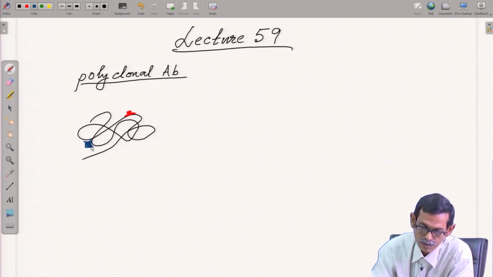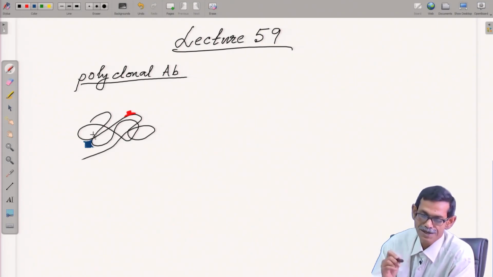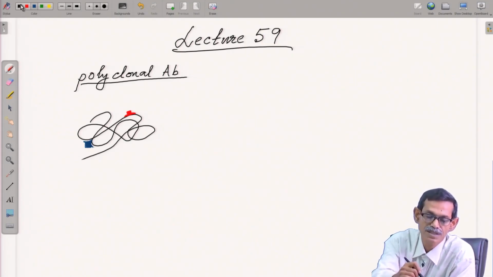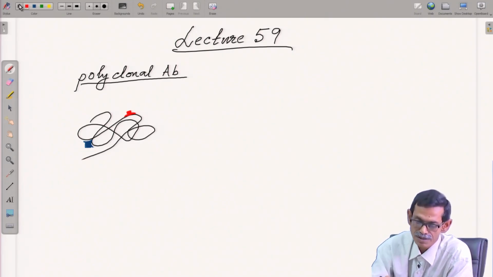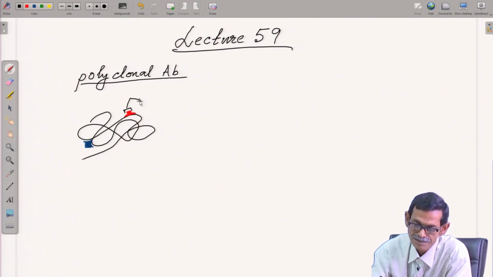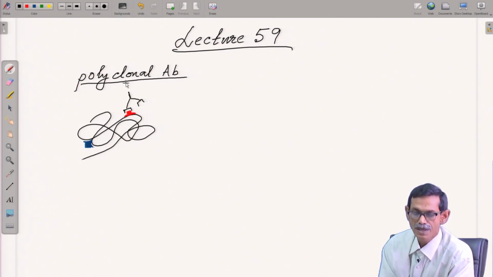This is the 3-dimensional structure. Now if there is an antibody, the antibody's receptor will be like this. So, this is the B cell epitope.